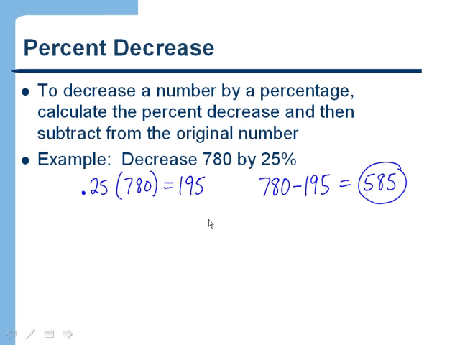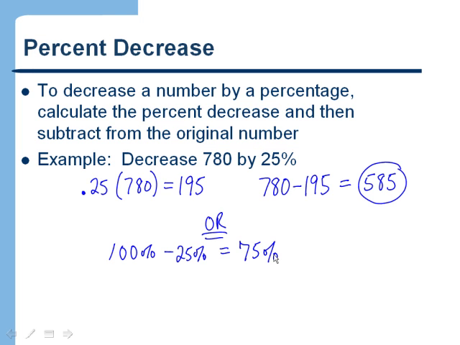Now, just like in percent increase, there's another way we could look at it. If we're decreasing the number by 25%, that's the same thing as taking 75% of the original number. In other words, we start out with 100%, and if we subtract 25%, that gives us 75%.